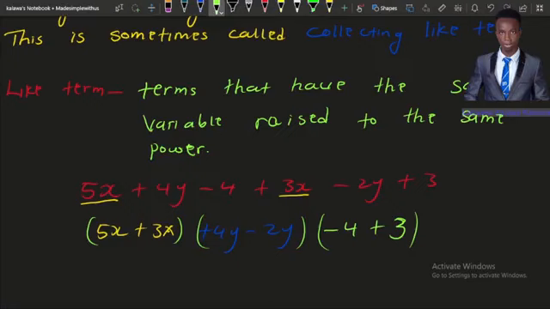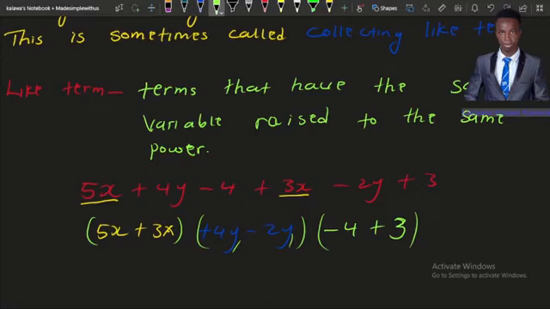Variables are letters; as long as the letters are the same, irrespective of the number in front of them, you can collect this variable as one. And also the second aspect, we can see here 4y, this is y, and this is y. Irrespective of the coefficient in front of the variable, as long as they are the same variable, you can class them as like terms.